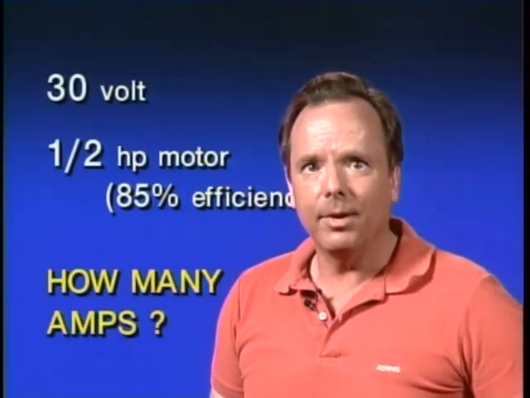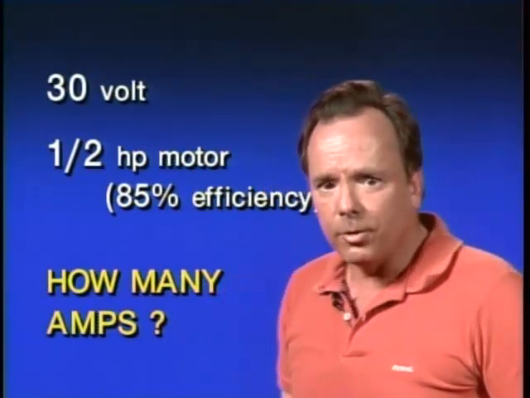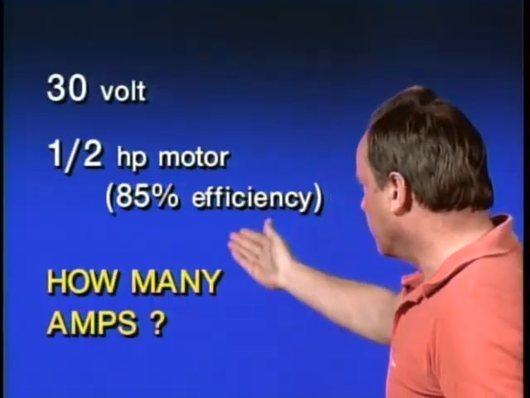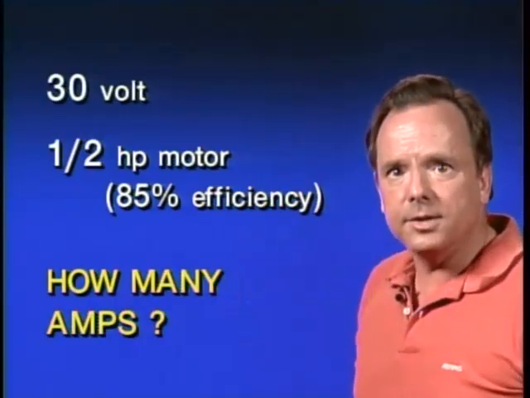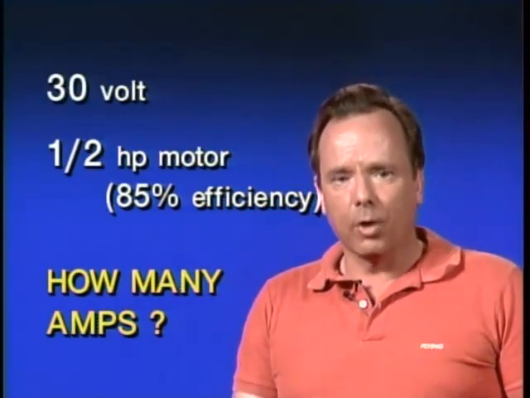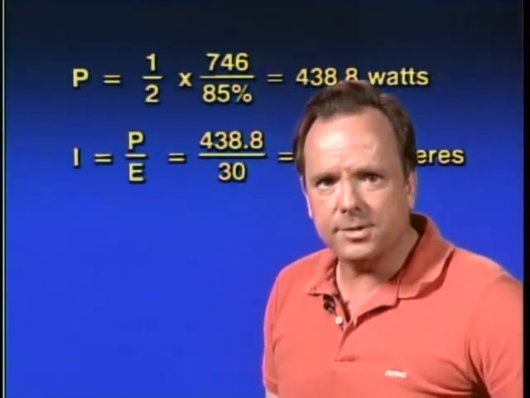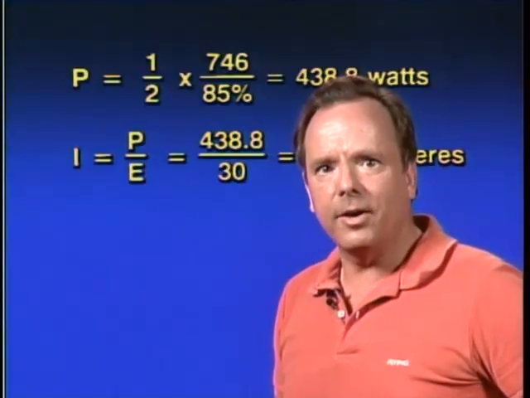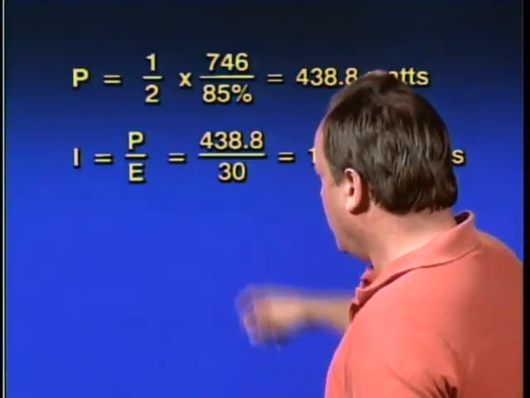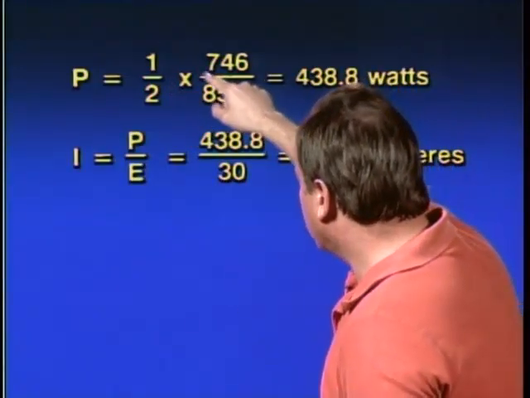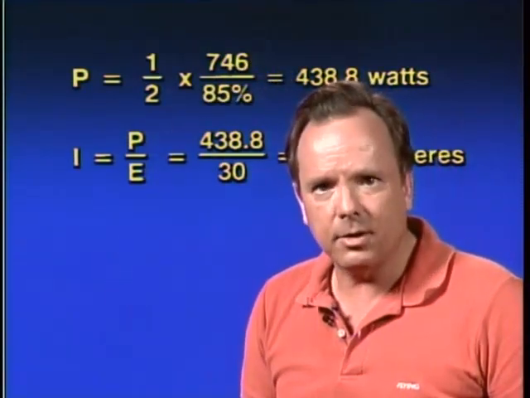Let's do another one. Let's assume that you have a 30-volt, 1/2 horsepower motor that is 85% efficiency. The question is, how many amps will it draw? Well, first of all, let's find out how many watts this motor is, and then we can figure out how many amps it is. To find out how many watts, we have a 1/2 horsepower. They will tell you, once again, that 1 horsepower is 746 watts.